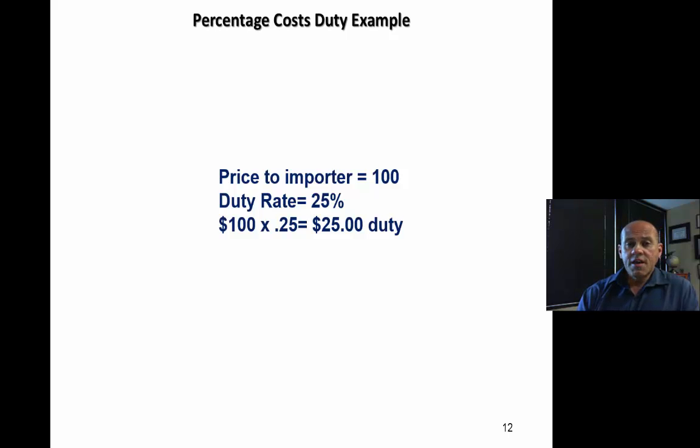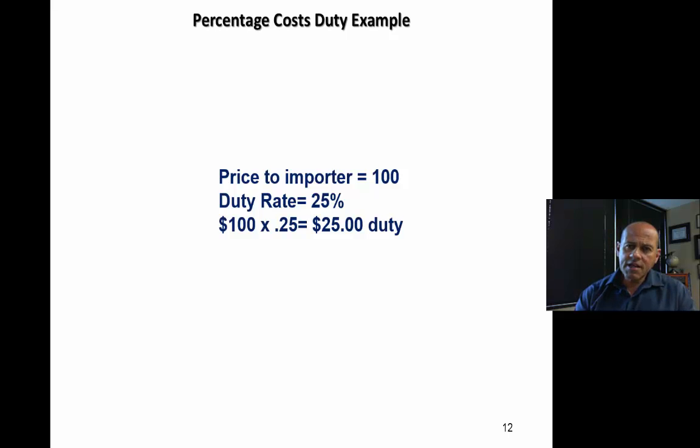So in other words, if the price to the importer was 100 and the duty rate was 25, then you would add $25 duty, right? So that's a fairly simple calculation. Most importers calculate that one fairly accurately.